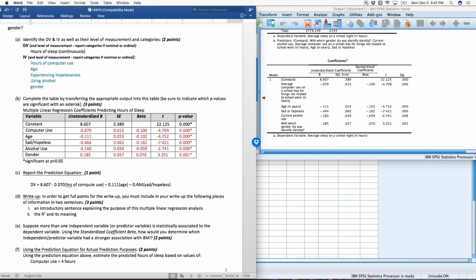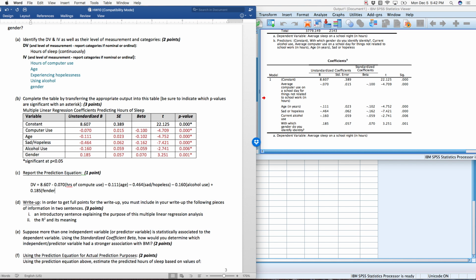And I'll explain how to figure out what this means in part F. Make sure for the last one you put a plus sign because it's not negative. So your equation should look something like that. And this DV would be hours of sleep.